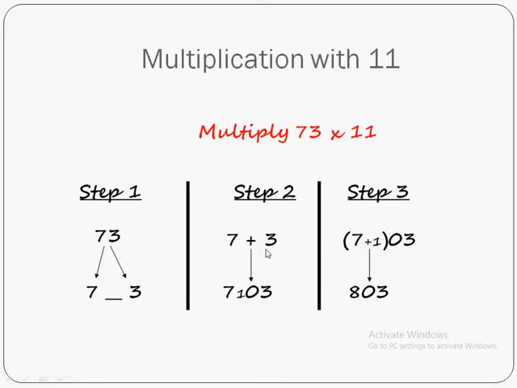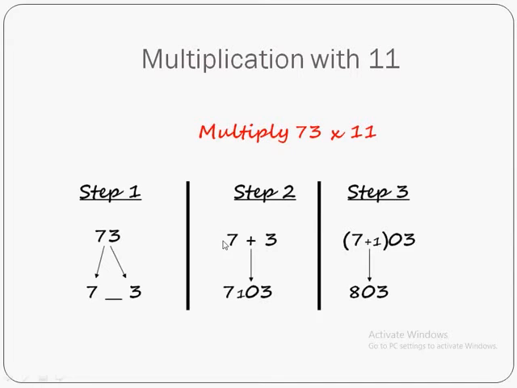It is not a single digit, so we cannot place 10 within one space. So we only place 0 and carry the 1 to the next number. So 1 is carried to the 7 and we add that, and the output we get is 803. This is the solution for when the sum is more than 9.